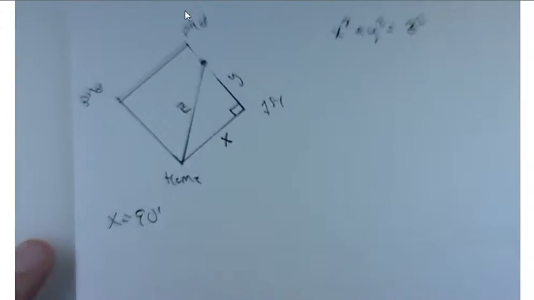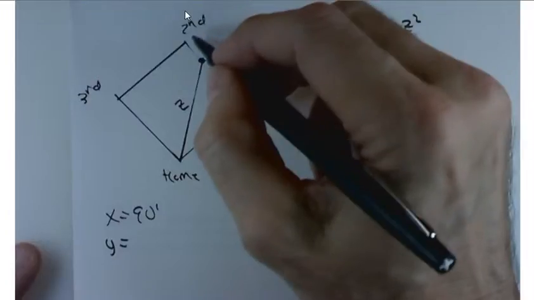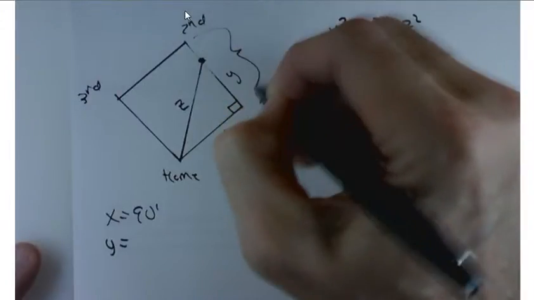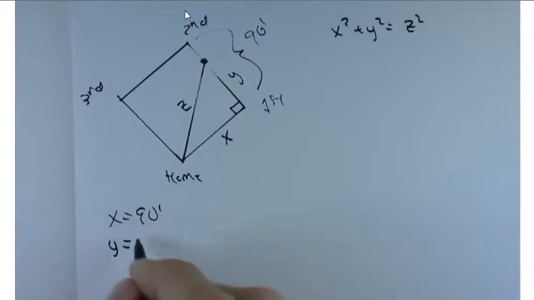We know that. We actually do kind of know what y is, right? Because the whole side here is 90 feet, but he's 20 feet from second base. So what's the length of y then? 70 feet.